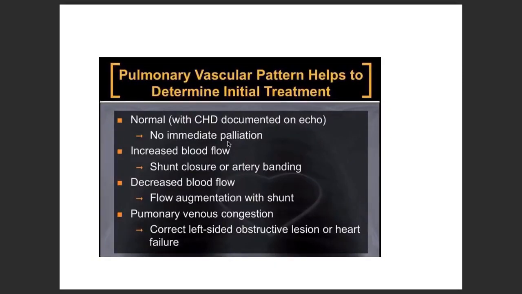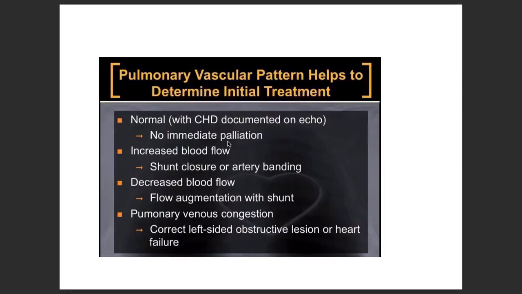So after this, as I said, the pulmonary vascular pattern is very important in determining the initial treatment. Why is it? Because if it is normal, if there is an associated congenital heart disease on echo, no immediate palliation is needed.